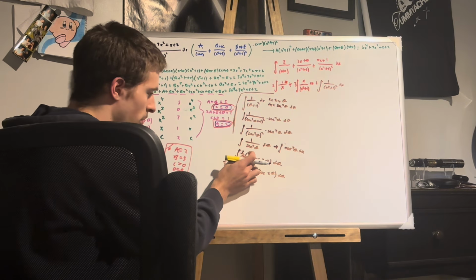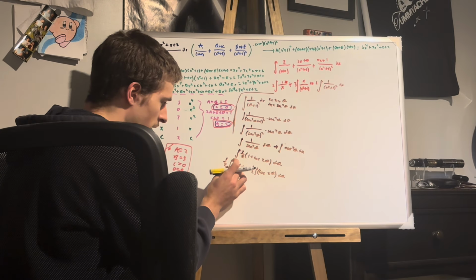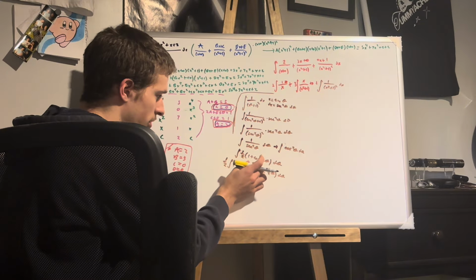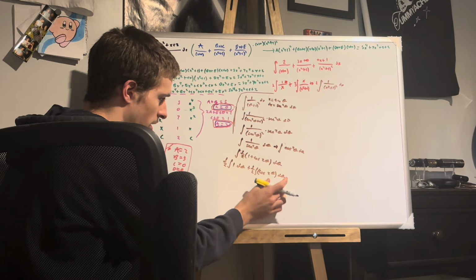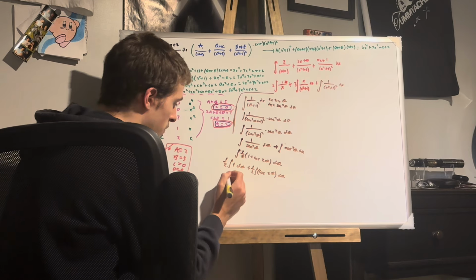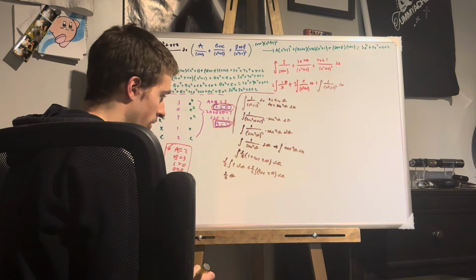So what I did was distribute the 1/2 plus 1/2 cosine 2 theta, and then split that up in two different integrals. So integral of 1/2 d theta, pulled out in front, plus 1/2 times cosine of 2 theta d theta. This becomes 1/2 of theta when we integrate it.